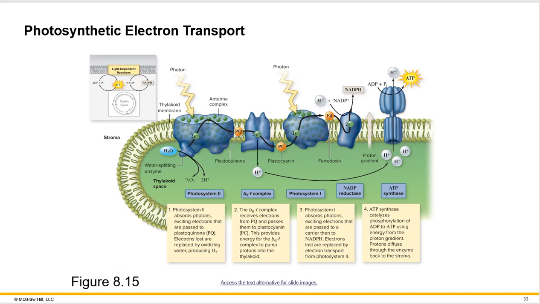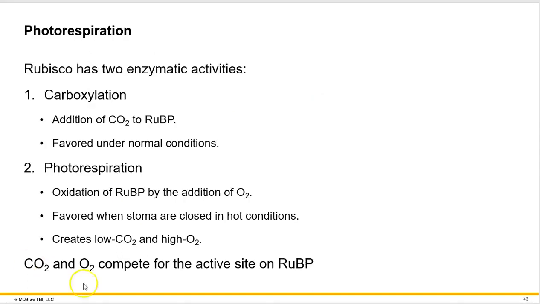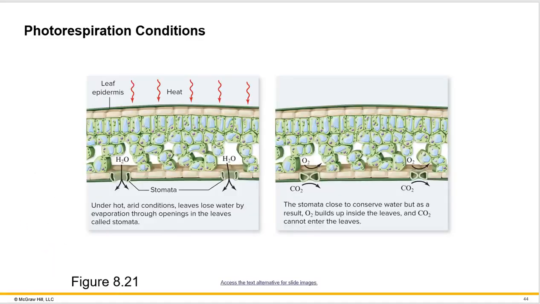Well, if a plant does not have enough water, it does what's called photorespiration. Right? And if it doesn't have enough water, the plant will close its stomata. And if a plant closes its stomata, then oxygen builds up inside.